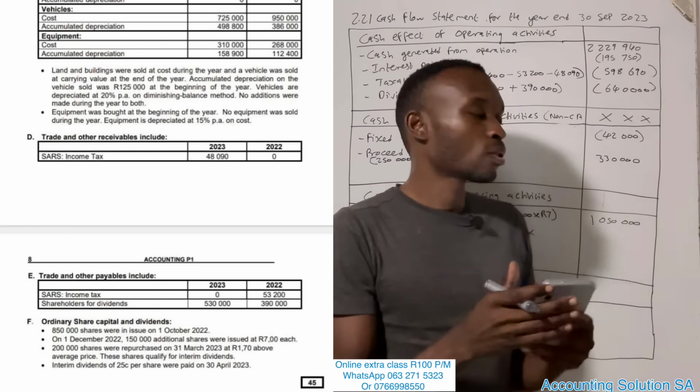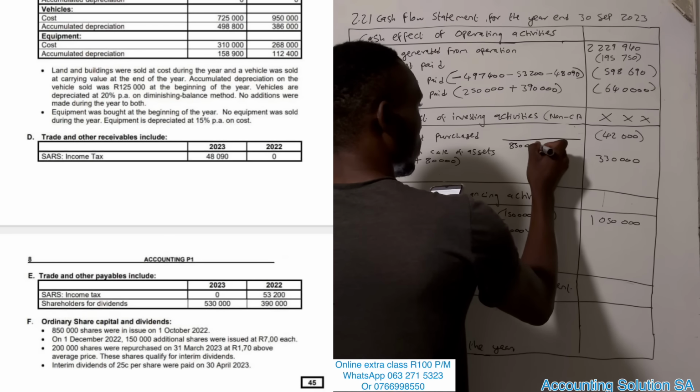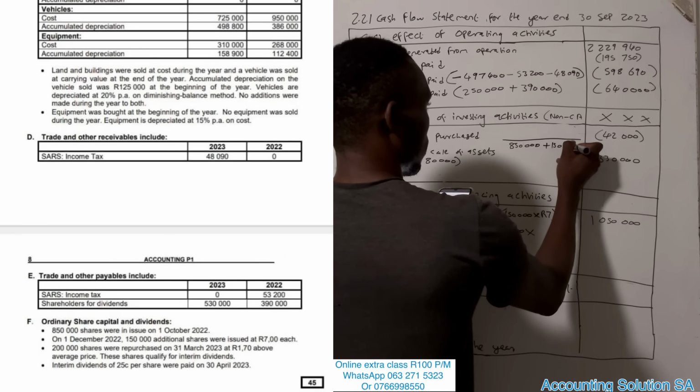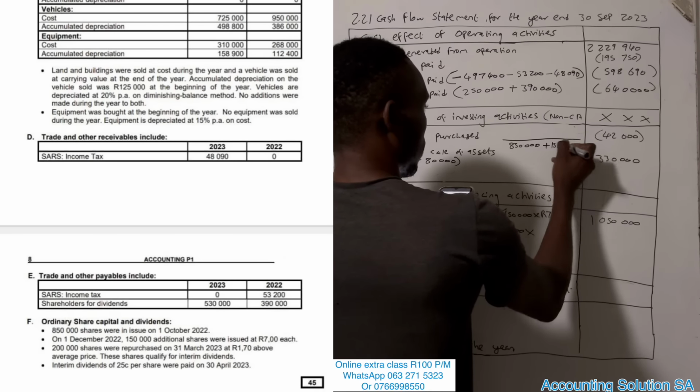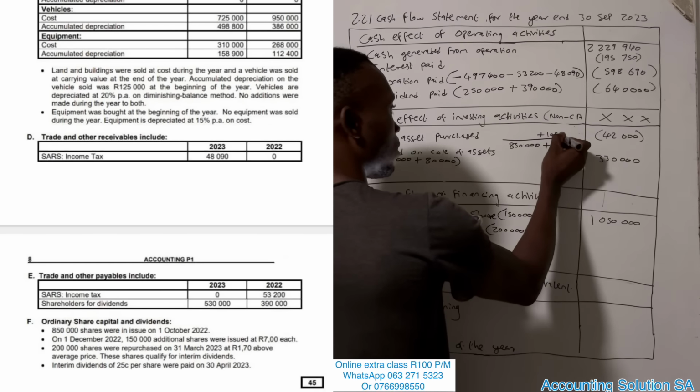Okay, let's start with the number of share. It was 850 at the beginning plus issued of 150. Okay, the value of issued, we have it, is this one that we did, 1,050,000. So at the beginning of the year, let's check on our balance sheet. Our ordinary share capital was 4,250,000. If you do this, you are going to get average of how much.